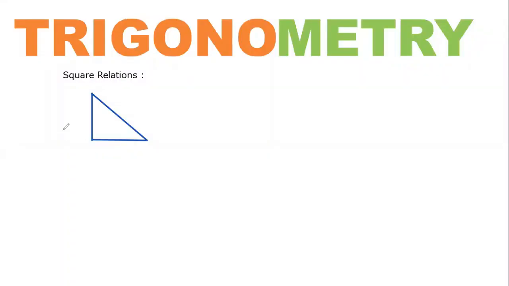I'm going to discuss the square relations of trigonometrical ratios. Take a triangle LMN, right angled at M. Let us write the Pythagoras theorem of this. LM square plus MN square is equal to LN square.